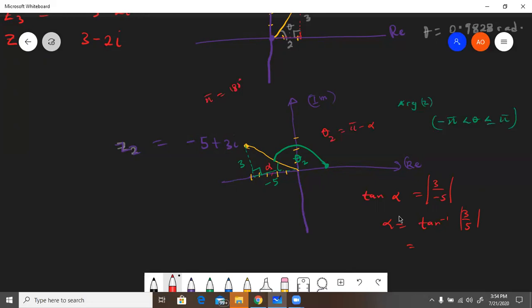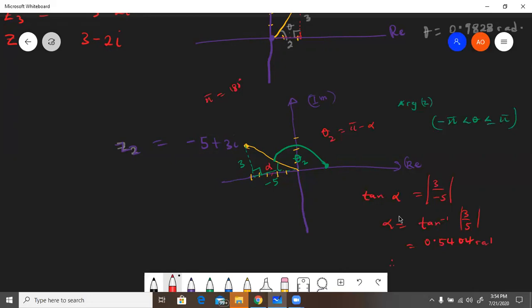Let me use my calculator to do that quickly. Which is 0.5404. That's our alpha.